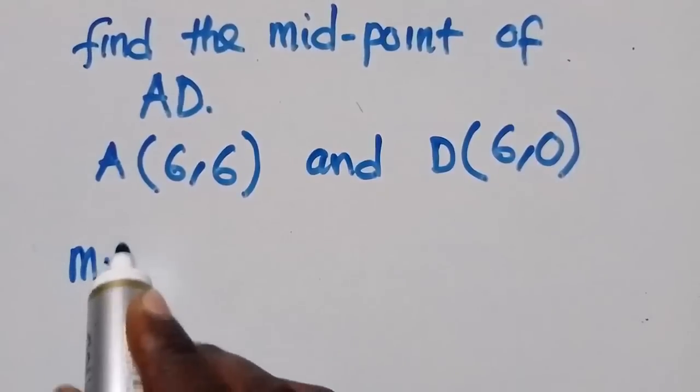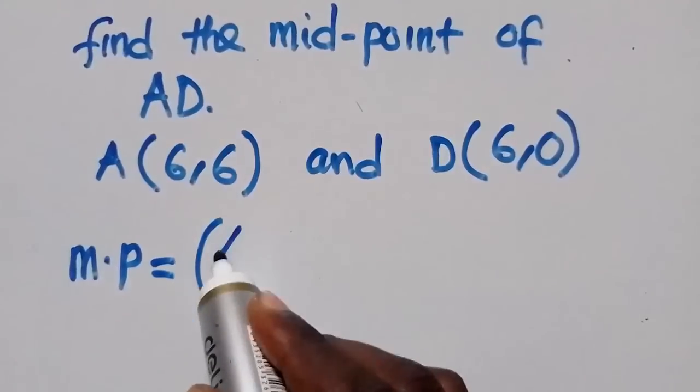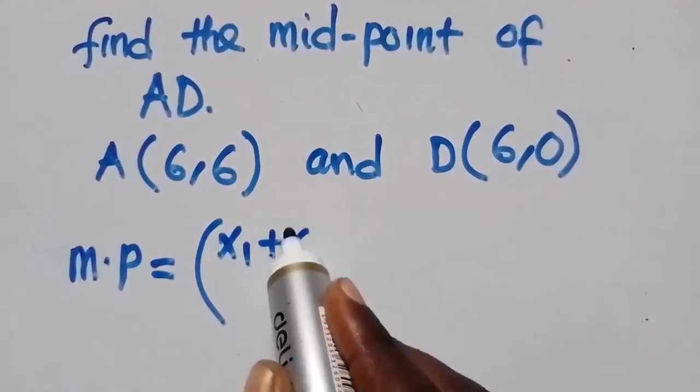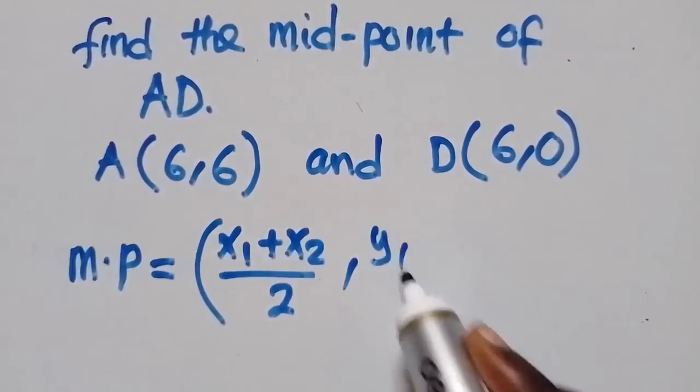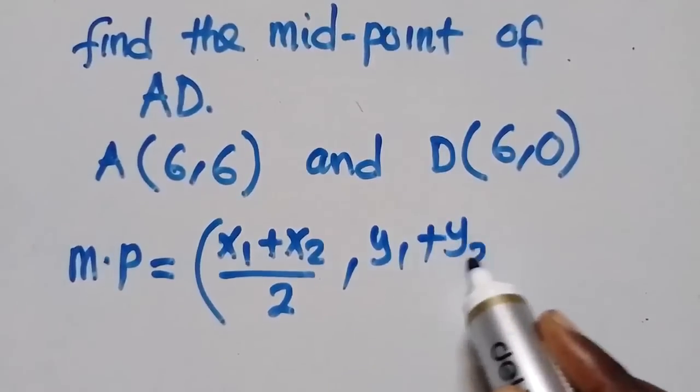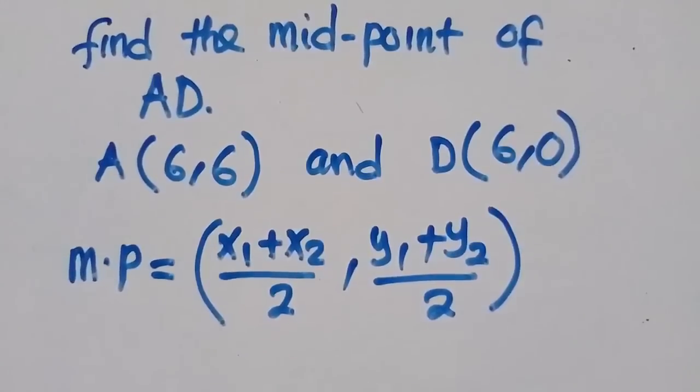Midpoint, I'm going to say MP, is equal to the formula: (x1 plus x2) over 2, comma, (y1 plus y2) over 2. This is the formula that you need to use each time you want to find the midpoint of a line.